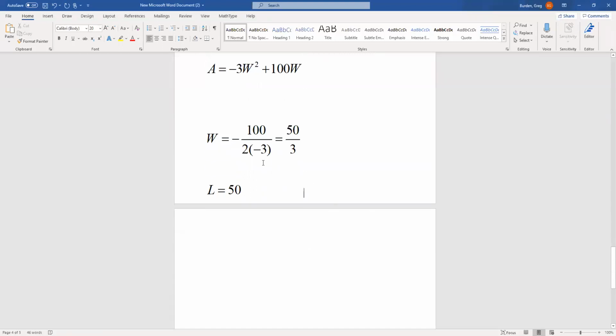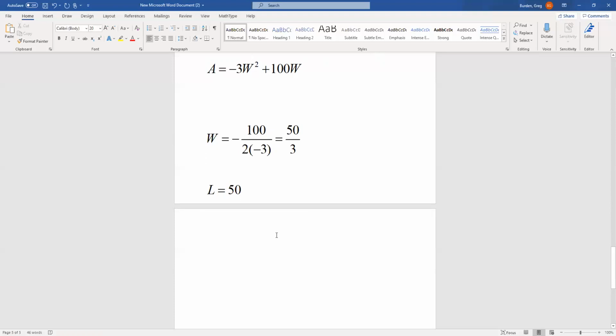As a mathematician, I often don't worry too much about the units, but of course, units are important here. 50 by itself doesn't mean anything in this situation. So 50 feet, 50 thirds feet. So these 3 sections altogether make up half of the 100 feet that we have. Here's the other half.